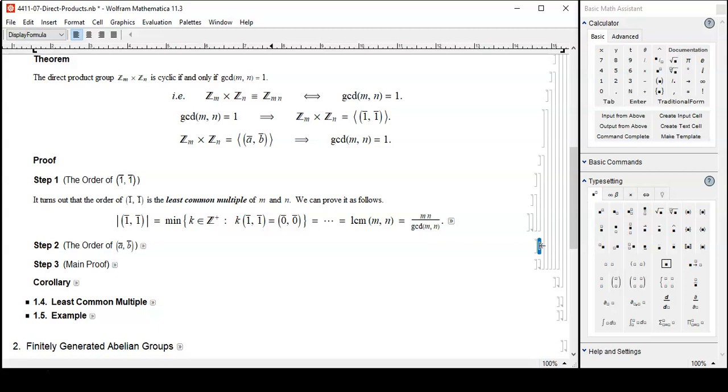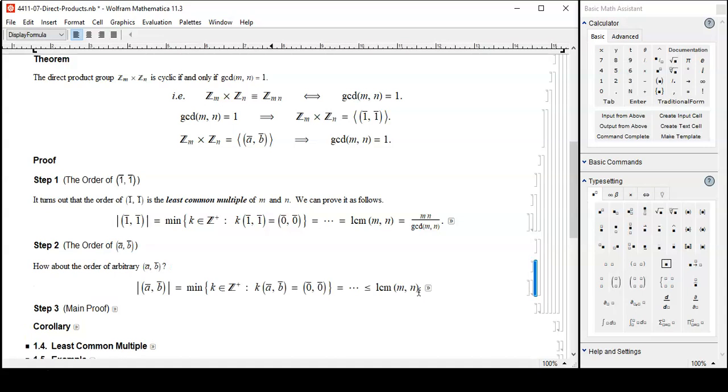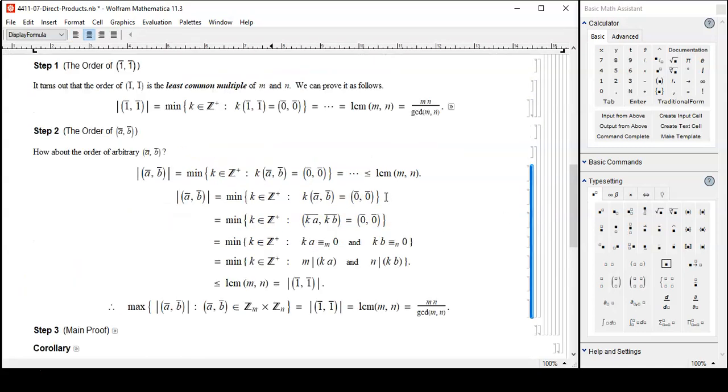Now how about step 2? The arbitrary case, (a bar, b bar). And we'll prove that its order is less than or equal to the LCM. Same thing, k times this element is (0, 0), the identity, and we use a similar computation. ka bar is 0 bar, kb bar is 0 bar, so ka is congruent to 0 modulo m, kb is congruent to 0 modulo n, so m divides ka and n divides kb.